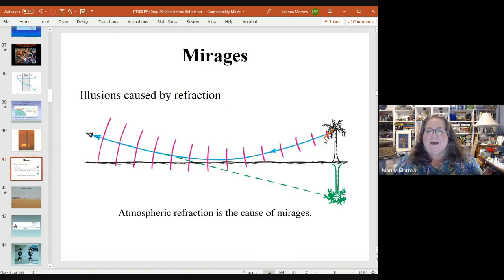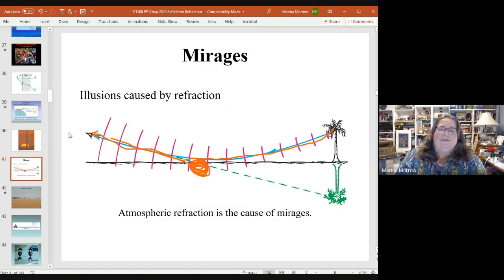The light from this palm tree will actually bend and reach your eye. But again, you don't know that it has bent, so you follow it backwards and you think that the tree is here. That's where it intersects with the ground. And so you think it's really half as close as it actually is.